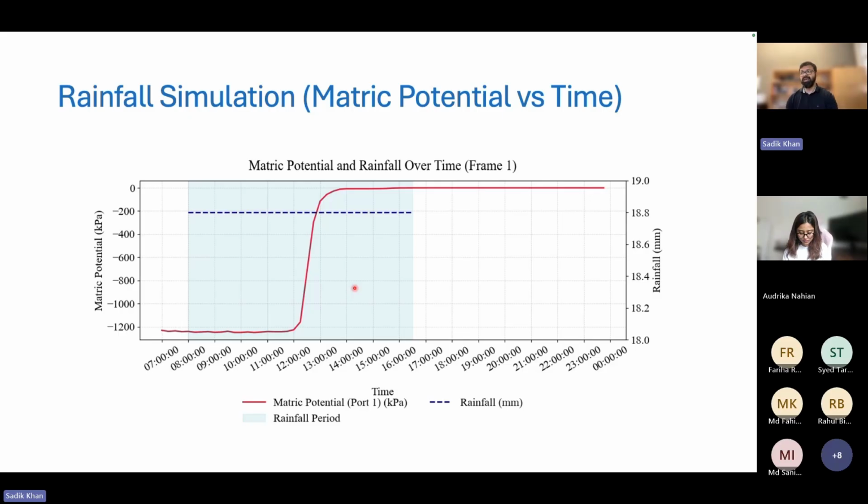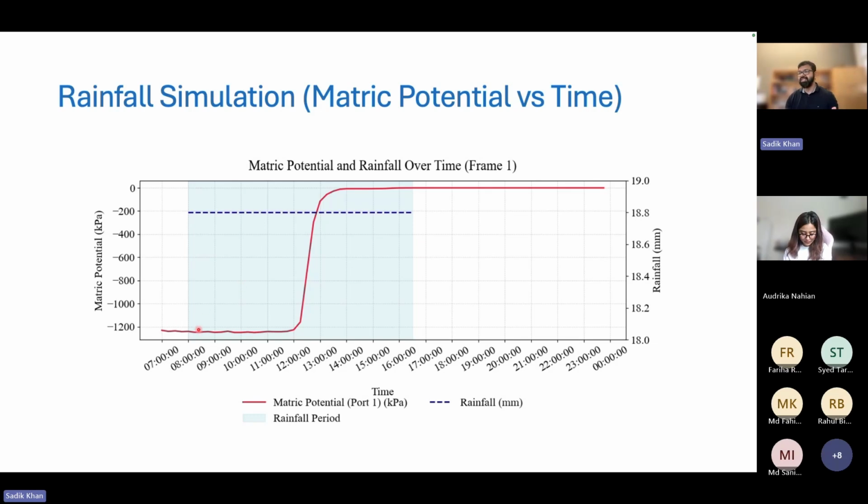At the same time, the matric suction goes up significantly. And if the matric suction goes up significantly when we reduce the moisture content, it primarily helps us mitigate the slope failure because it increases the shear strength.